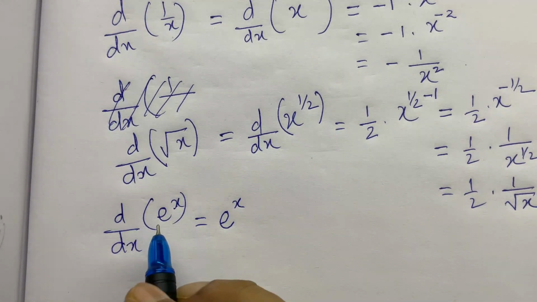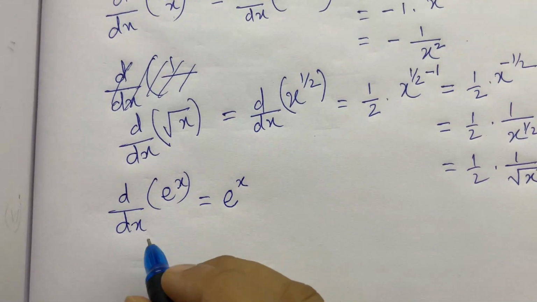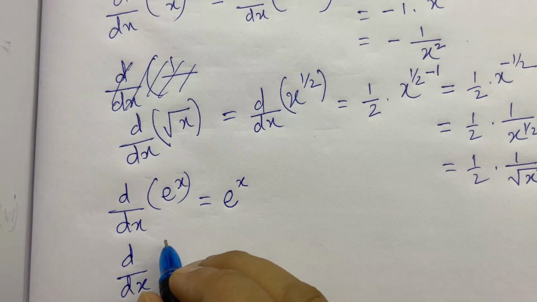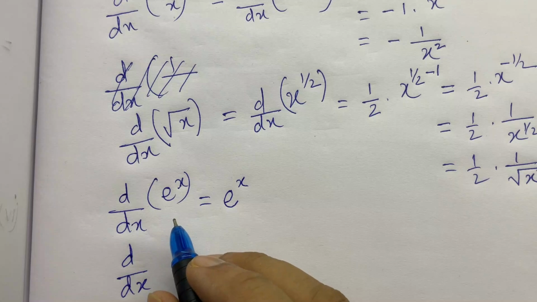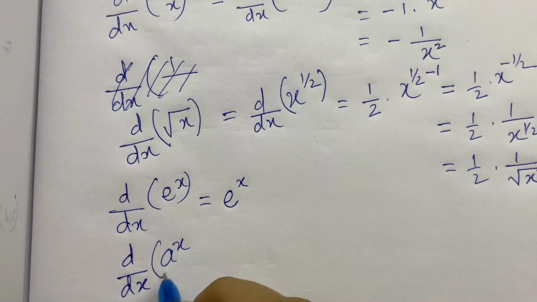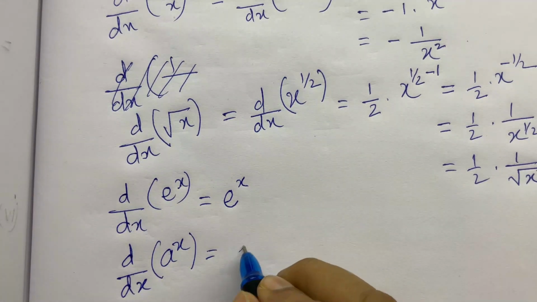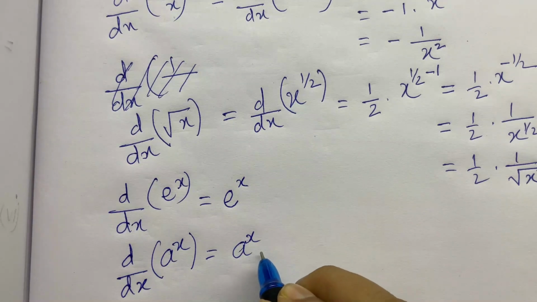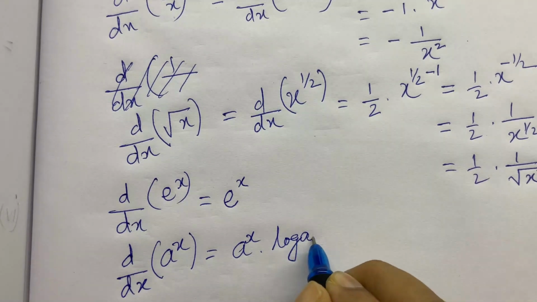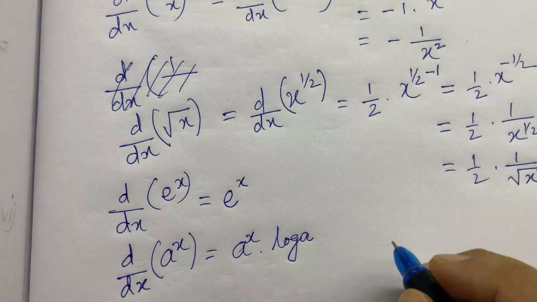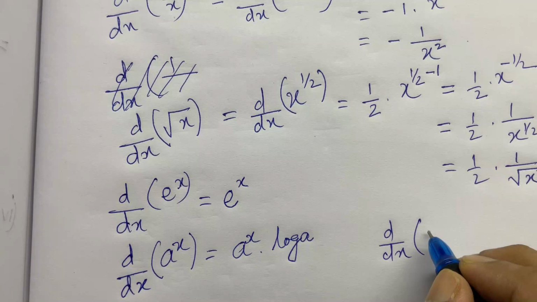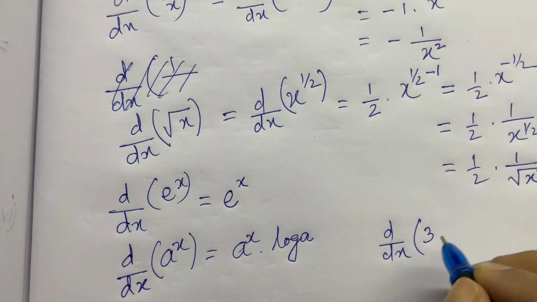Next, we will go beyond e to the power x. In case it is not e, say any number like 2 to the power x or 3 to the power x, we write a to the power x. This will give a to the power x log a. An example is d/dx of 3 to the power x.